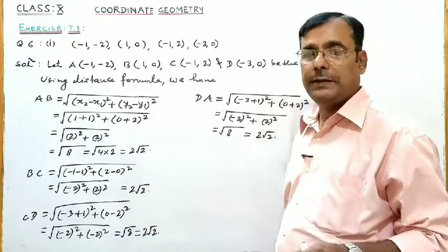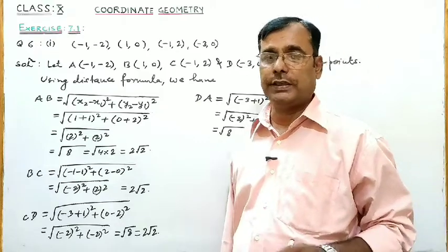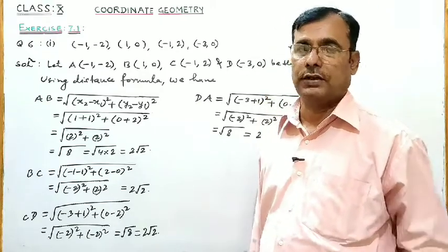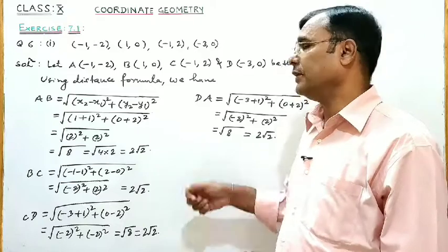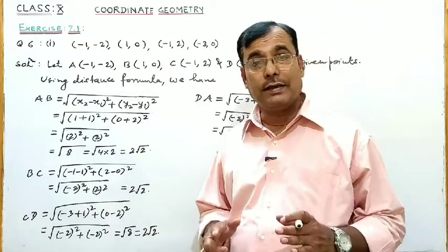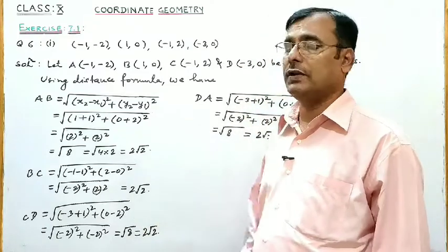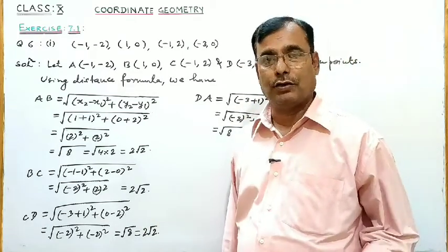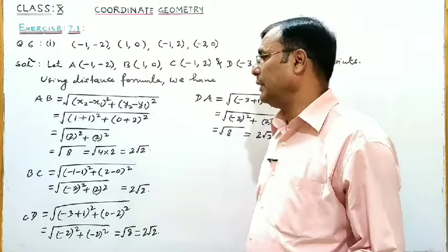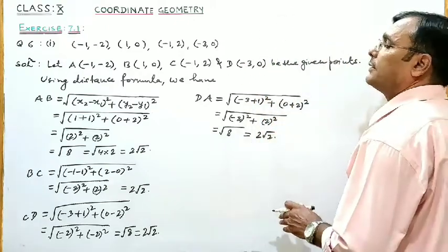So it can be a square also, it can be a rhombus also. So only based on four equal sides, clearly we cannot decide whether this quadrilateral is a square or a rhombus. So let us calculate diagonals.